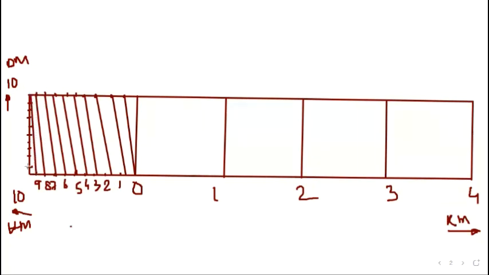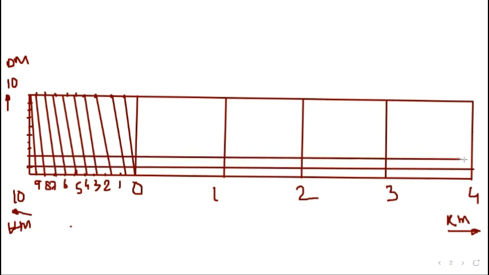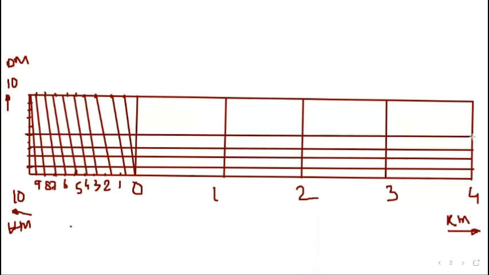And here also draw straight lines through each point. On both sides you divide into 10 equal parts for the vertical line.